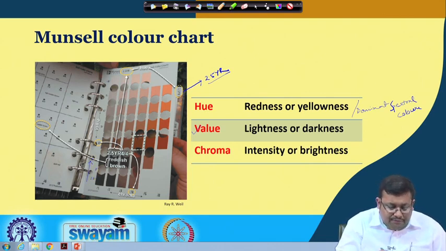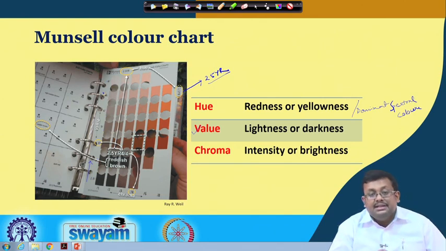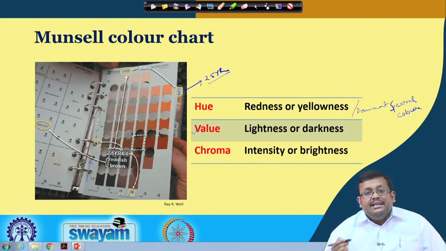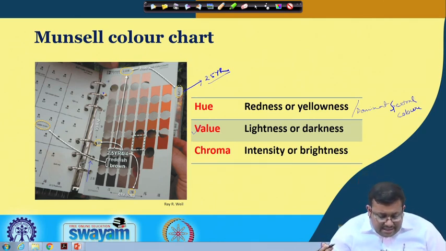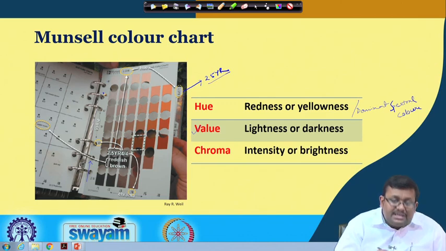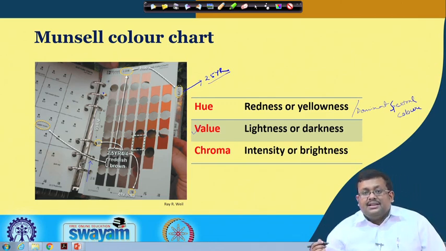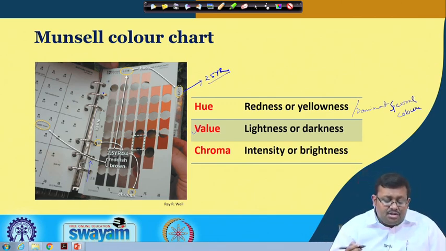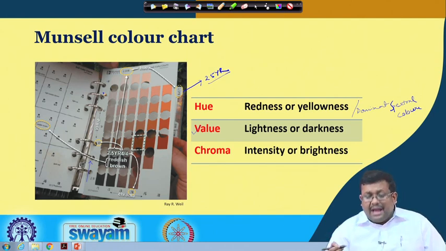So, you can see 2.5 and then 3, 4, 5, 6, 7 and 8. Value shows the degree of lightness and brightness. Lower values indicate darkness and higher values indicate brightness of a soil.